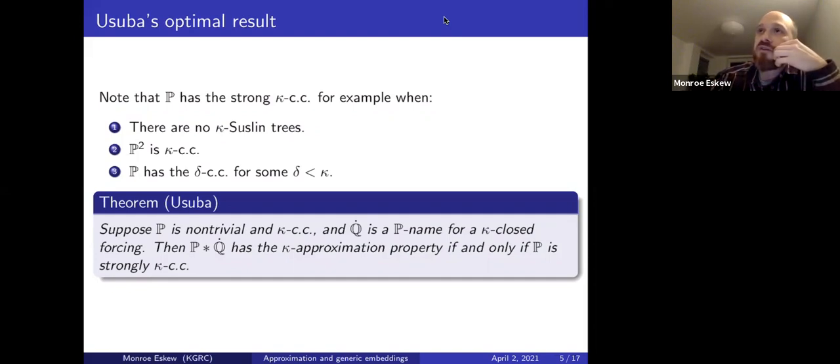And then he says in the end, well, if you do the forcing, here's a Suslin tree. He defines it in the ground model using the properties of the forcing.